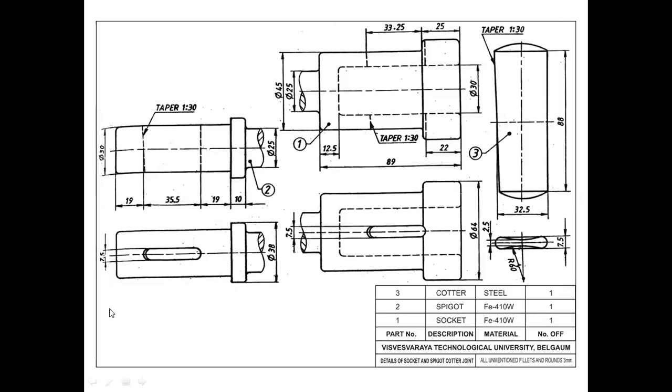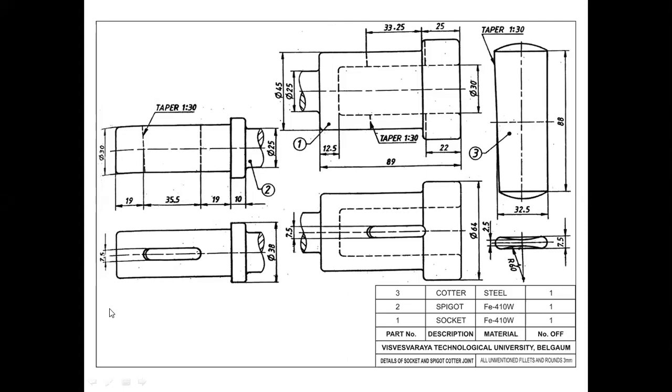we have learned what kind of view we will be requiring, whether it is a front view or top view or side view, all those things, and even the pictorial views, and how to generate the bill of materials and how to update the sectional front view of the part, and even generation of auto balloon on each and every part of the cotter joint assembly we have done.